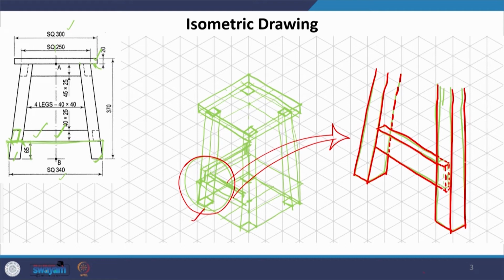So, for this part also you will see that if it comes and meets this, and then we will see this horizontal portion going out, and somewhere at the end we will actually be seeing this portion coming like this. So, this is how this portion is going to look.